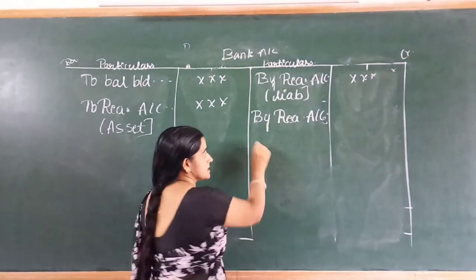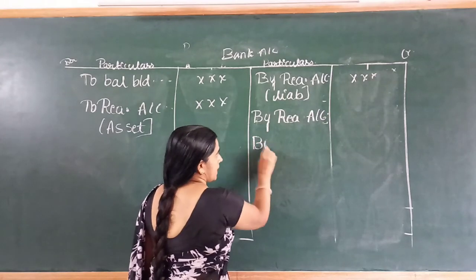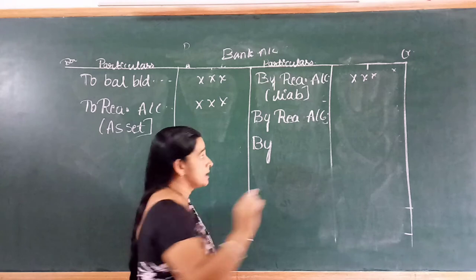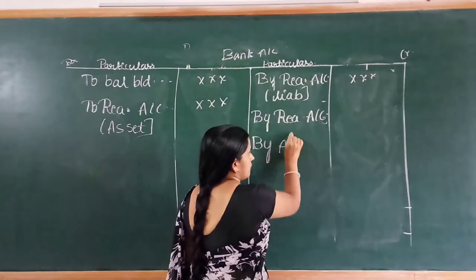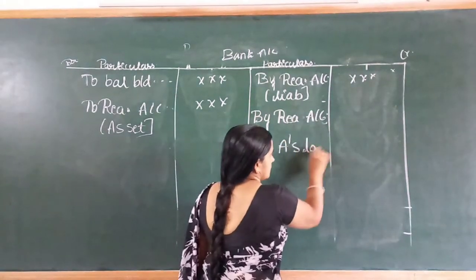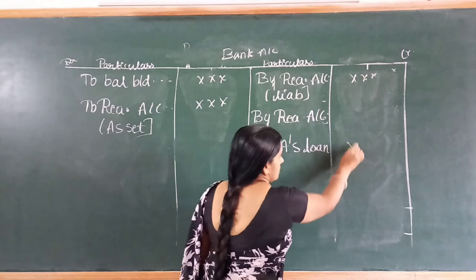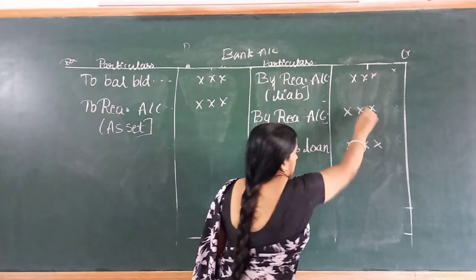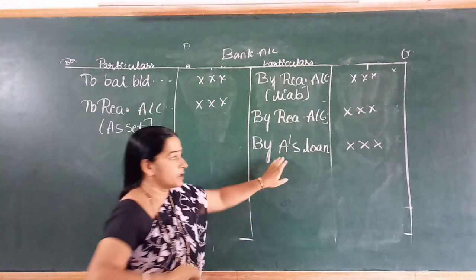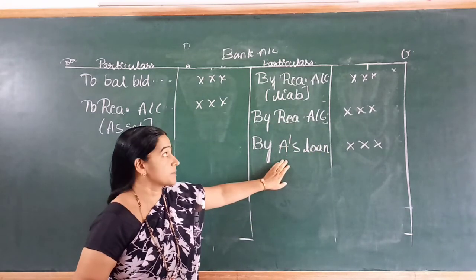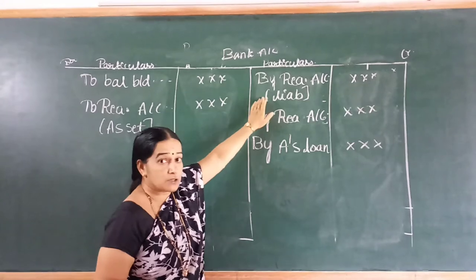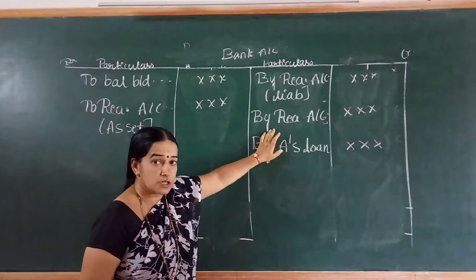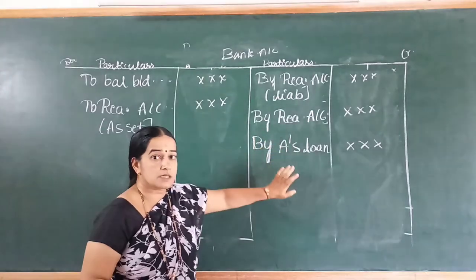And the third step is that we have to pay the partner's loan. Now A has given the loan, so we are supposed to write for the payment of A's loan. Whatever amount we have paid to A for his loan is the third step.